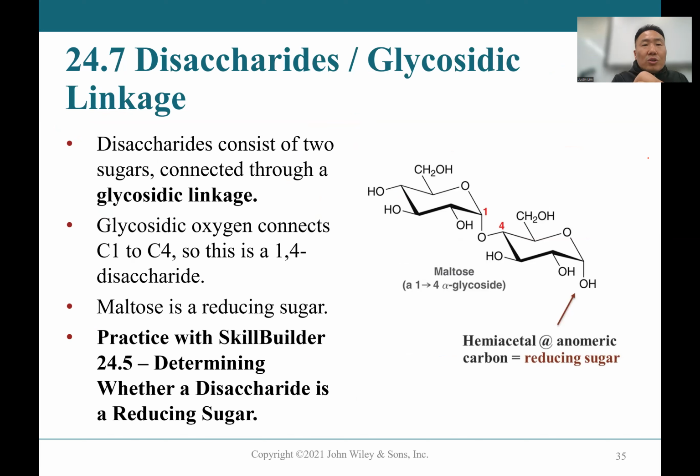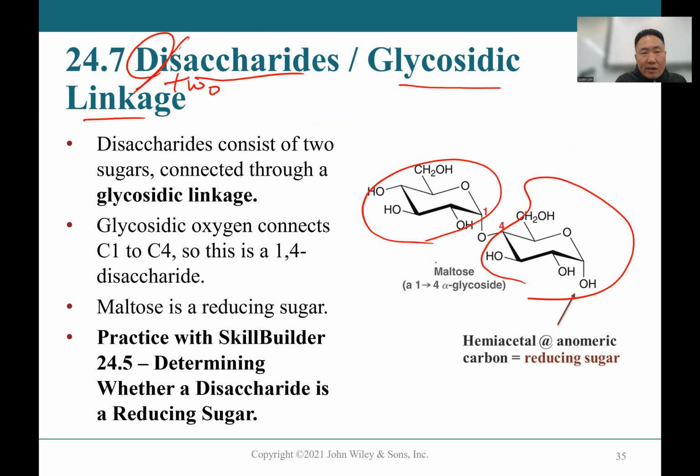Okay, next, we need to look over disaccharides and the glycosidic linkage. Di means two. Can you see? One and two, two saccharides. A disaccharide consists of two sugars connected through a glycosidic linkage.